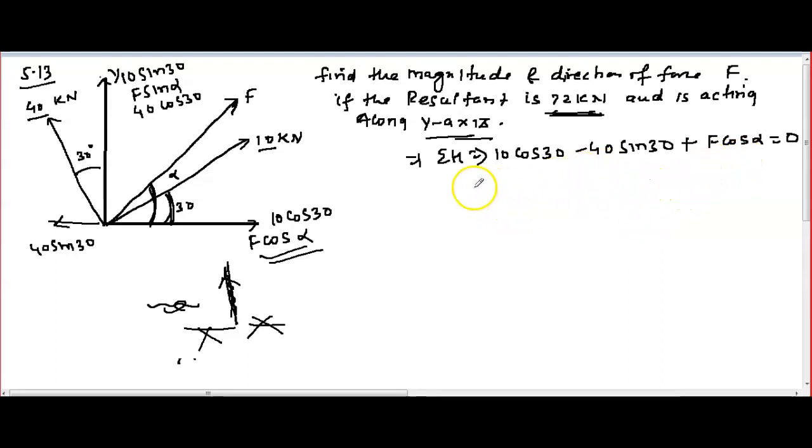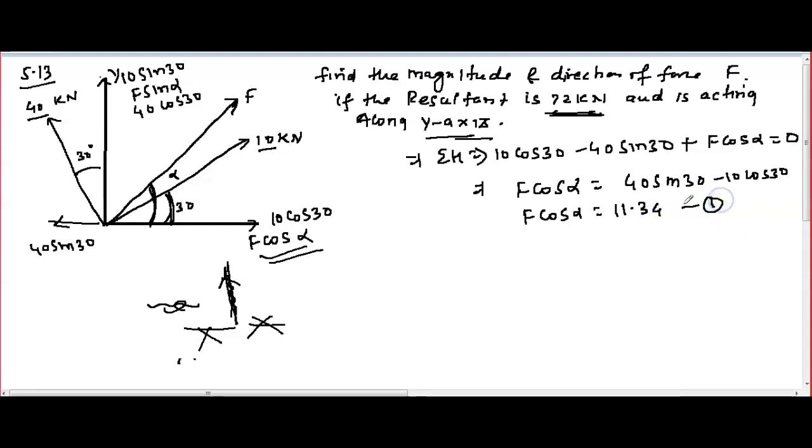So you can find the value of alpha here. F cos alpha, you can find it. F cos alpha is equal to how much? 40 sin 30 minus 10 cos 30. So we'll get F cos alpha equal to 11.34. Consider this equation 1.